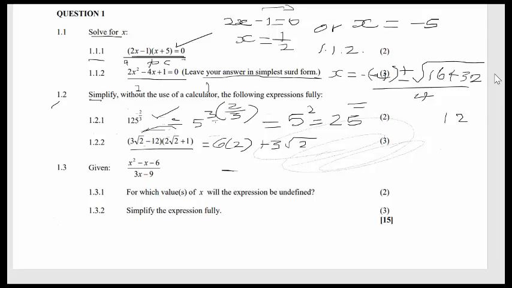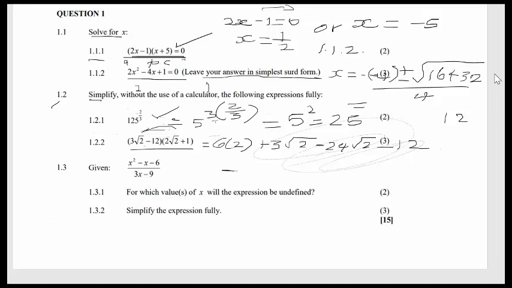It's negative times positive, so the first thing you write is the sign, which is negative. 12 times 2 equals 24, and the square root remains as is, square root of 2. Then negative 12 times 1 is negative 12, because anything multiplied by 1 is that thing.